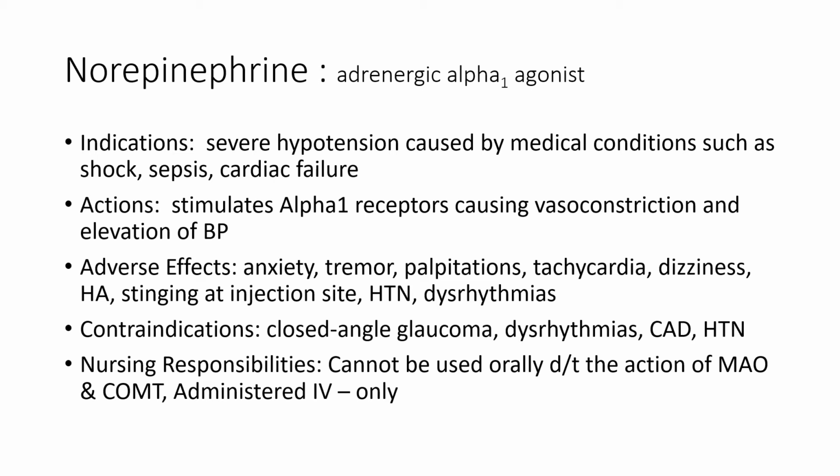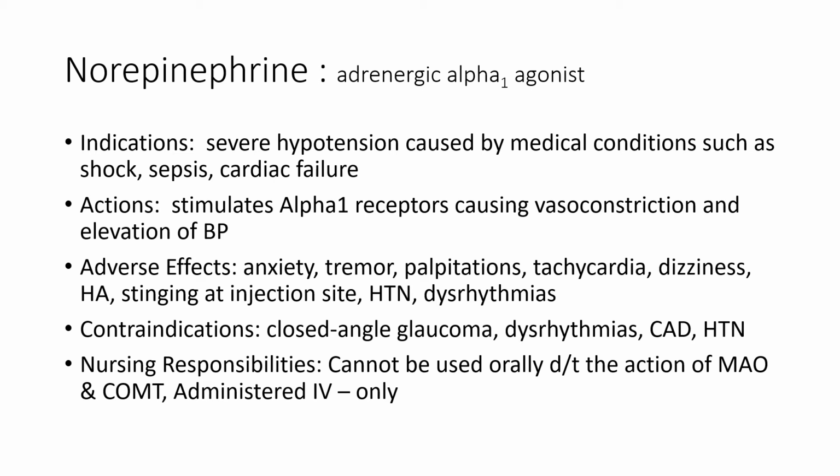Look at the side effects, identical to epinephrine, because it's a very similar drug. So it's going to give you the anxiety and the tremor and the palpitations because you're turning on the sympathetic system, okay? Stinging at the injection site. And I didn't mention this, but any of these drugs, if they get out of the IV and make it into the local tissue, I think we spoke about this in chemotherapy.